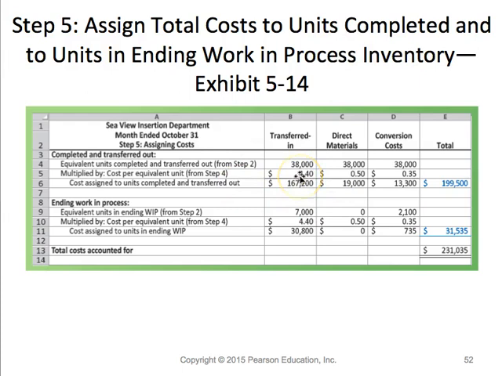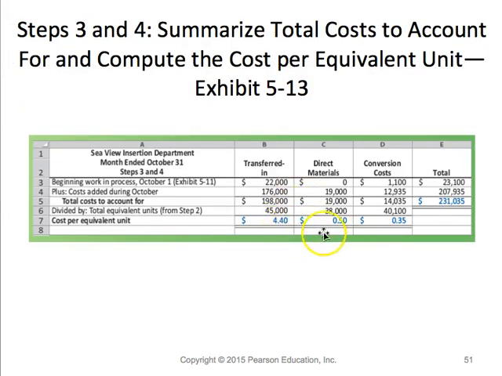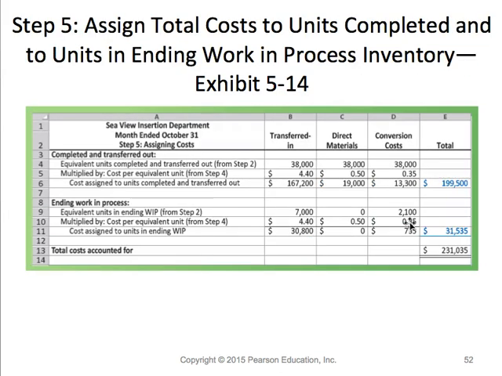The transfer in cost is 4.4, direct materials is 0.5, and conversion cost is 0.35.